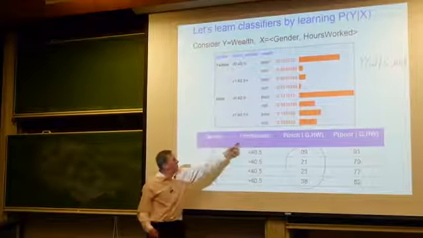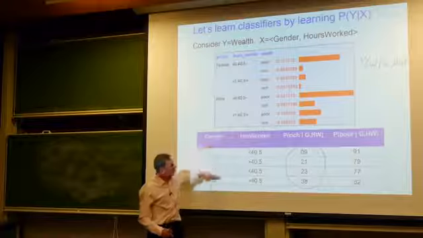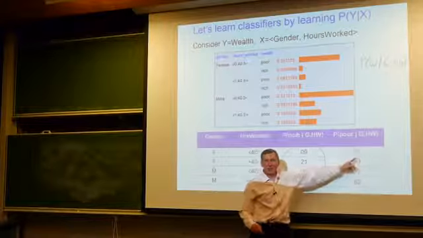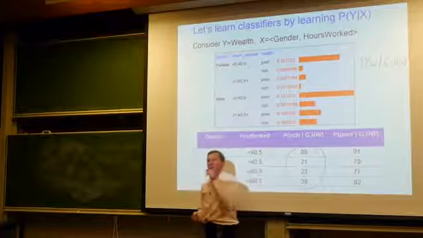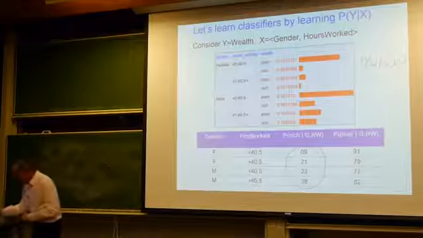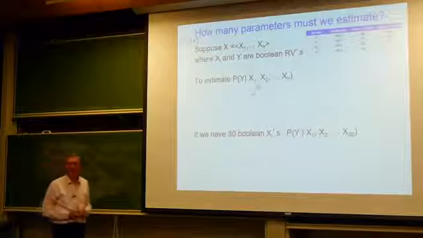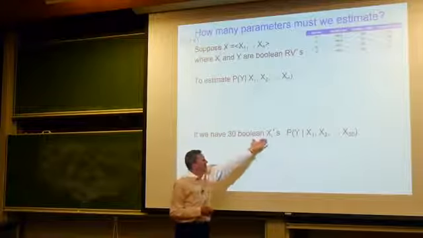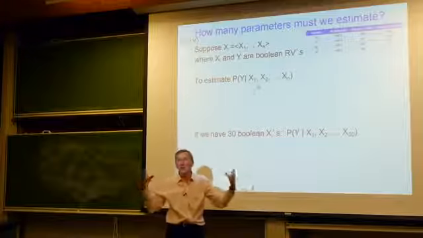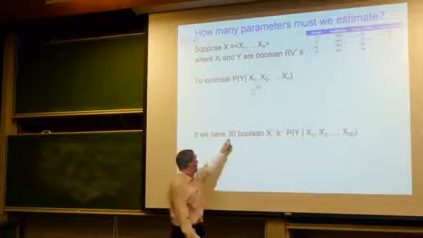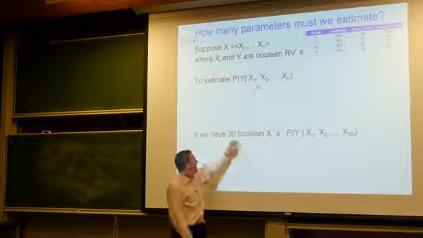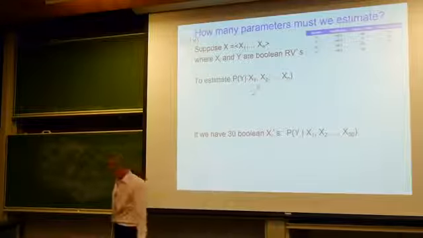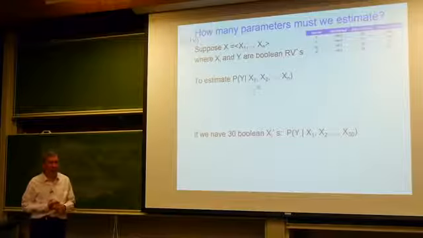Here, n equals 2. So I have 2 to the n, 4 rows. I have to estimate these 4. I don't have to worry about these because they're just 1 minus that. But I still have this 2 to the n problem. And as we talked about last time, even for very small vectors, like only 30 Boolean features, it's still a billion rows. So it's still pretty explosive. It's exponential in n.